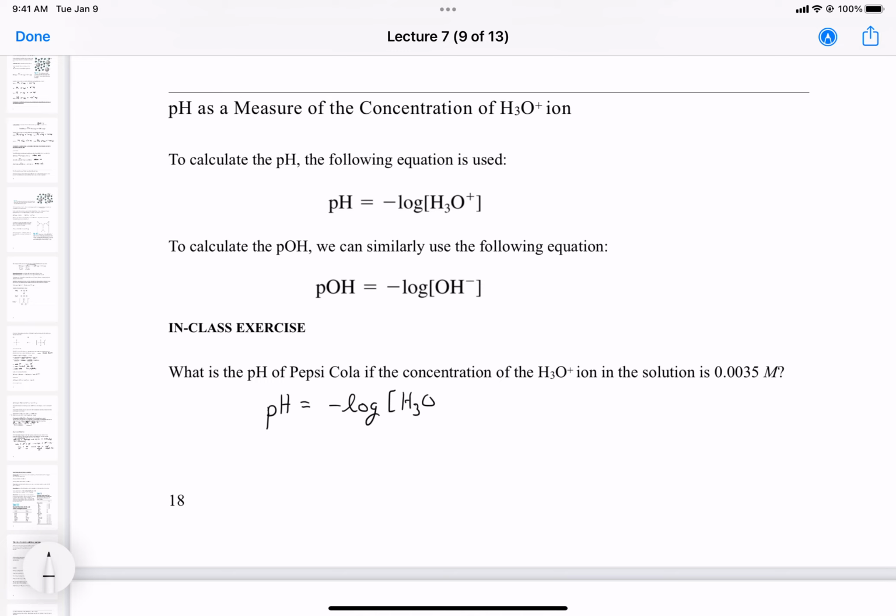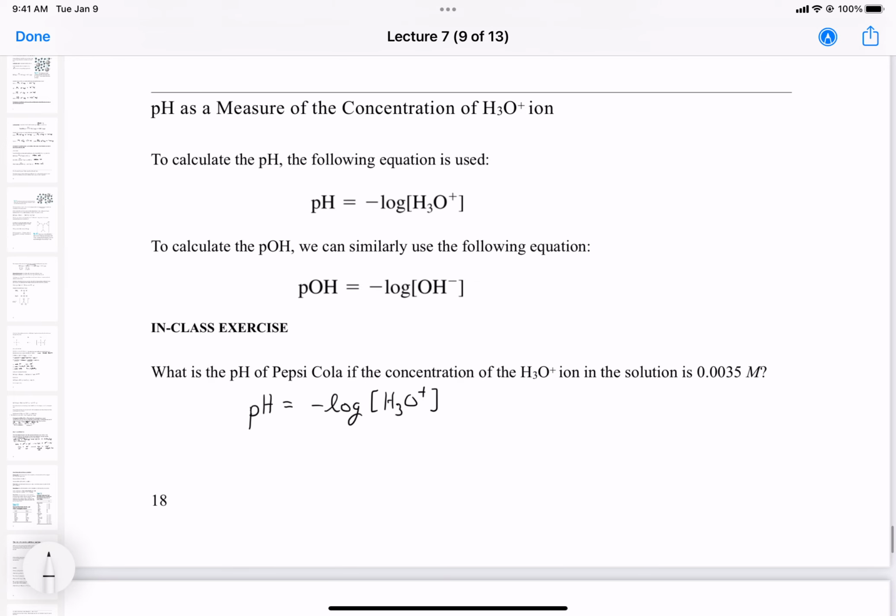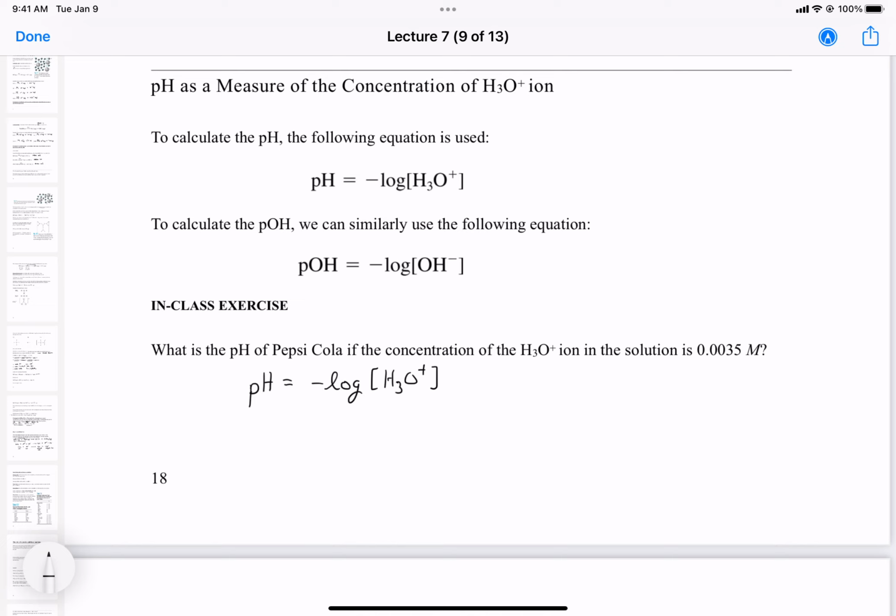The brackets just mean concentration, and concentration is usually in molarity. So in this case, we're going to say negative log 0.0035 molar.